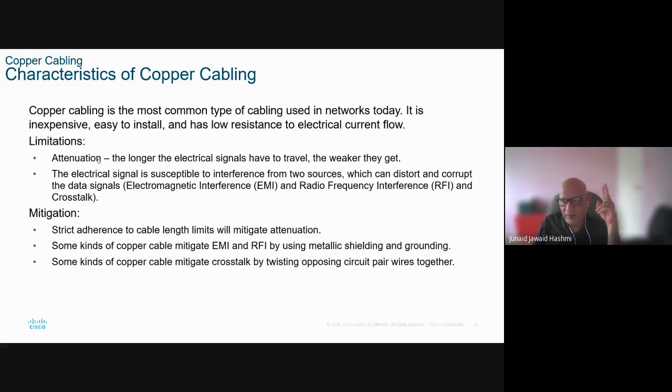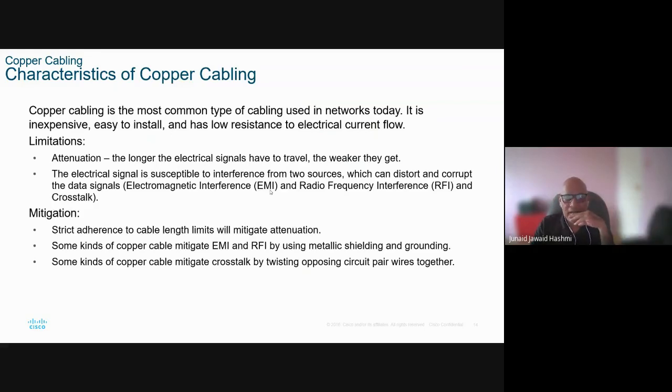Another problem with copper media is electromagnetic interference, EMI. Copper cable signals can be disrupted by other electronic devices.